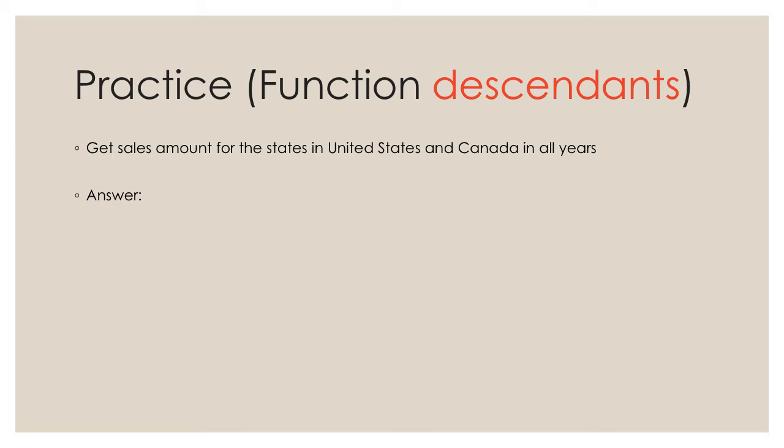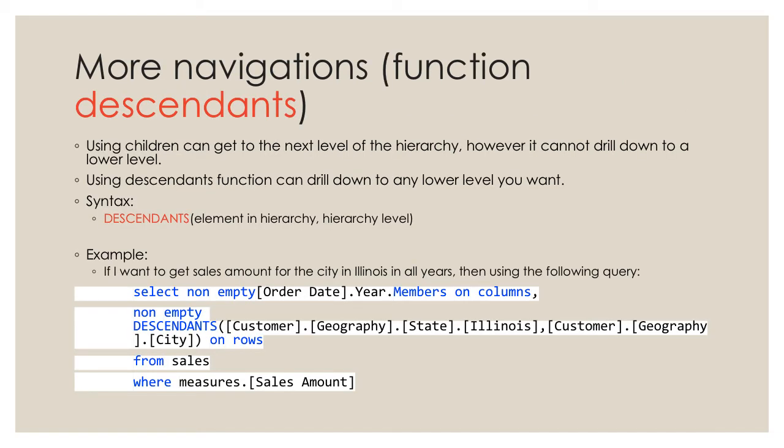The syntax is: descendants, parentheses, the element in the hierarchy, and the element level, separated by a comma. You have to write the hierarchy all over again; you can't just write the relation. Yes.